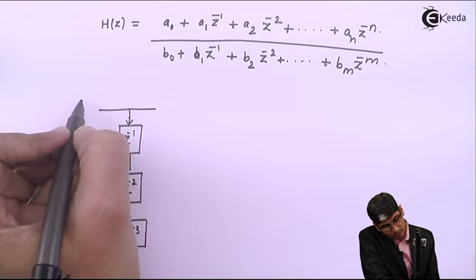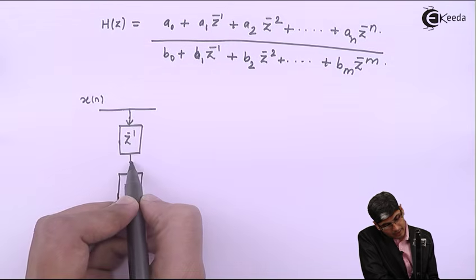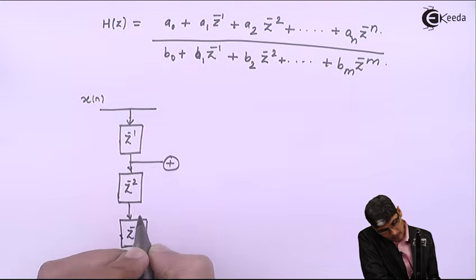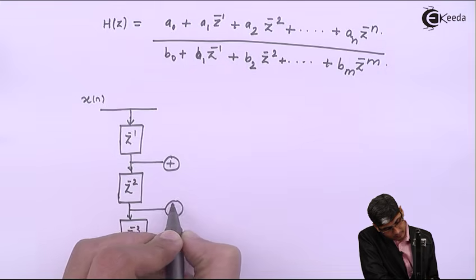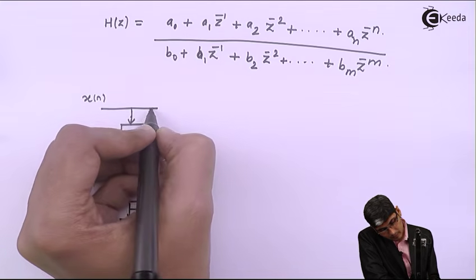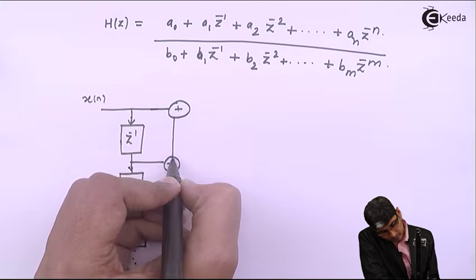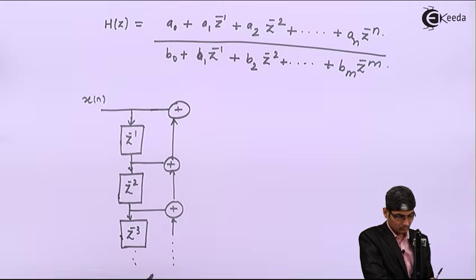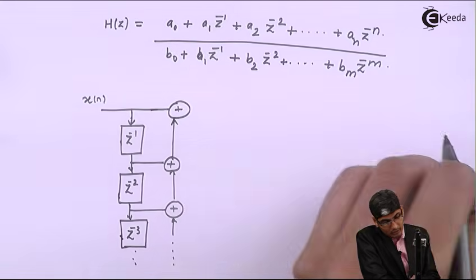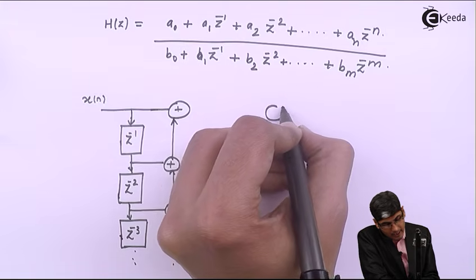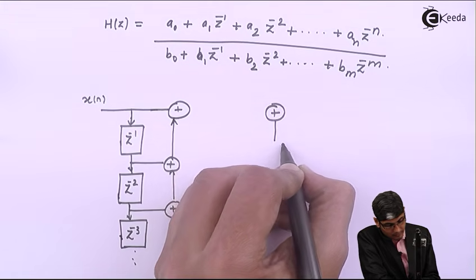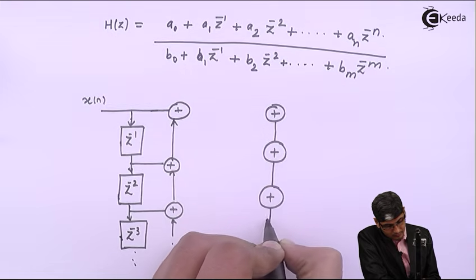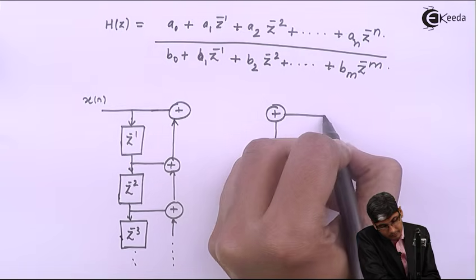The flow will be given from x of n, and then I will have adders in between. So one input will come from some blocks ahead. And for the denominator polynomial I will draw an adder first. You can draw it the same way as you have drawn the other side.